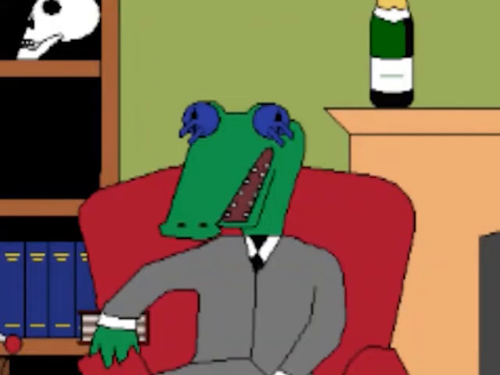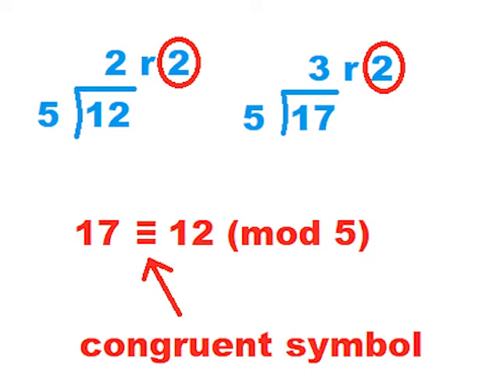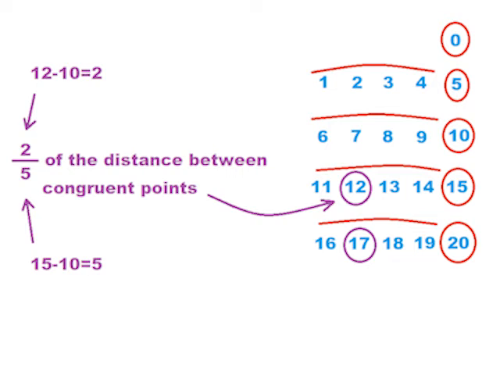Now here's the tricky part. How can we tell what numbers in between these defined congruent points are also congruent? Going back to a traditional modular arithmetic problem, we see that 17 is congruent to 12 mod 5. Now instead of considering remainders this time, let's consider the distance the points 17 and 12 are from the points congruent to 0.